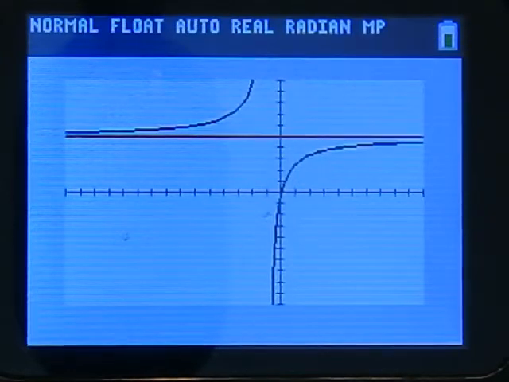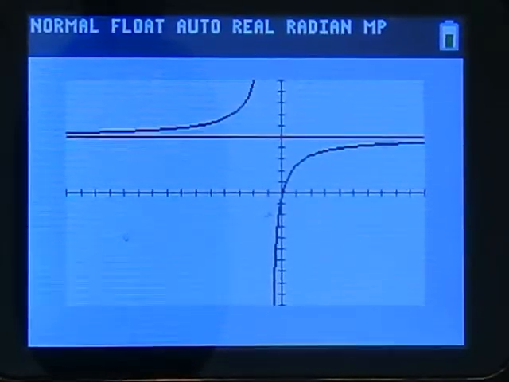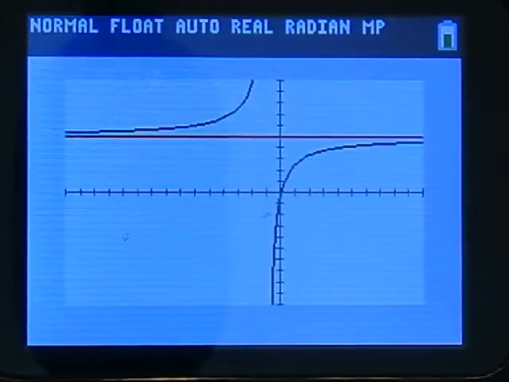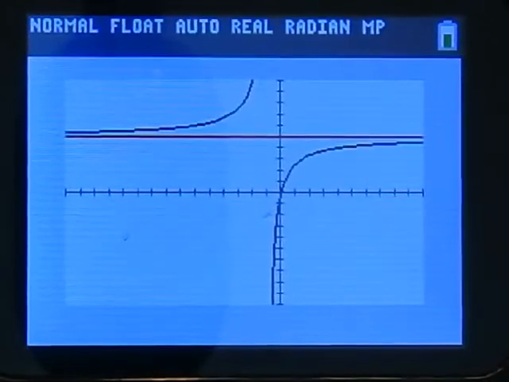You'll notice this asymptote is in red. I do that just to make sure we can see that it's different from the other. If your calculator is able to do colors, that's a nice thing to do. Now the next thing we're going to have to do is to draw our vertical asymptote. Well, we know that the vertical asymptote is not a function, so we're going to draw that vertical asymptote, and it was at -1.